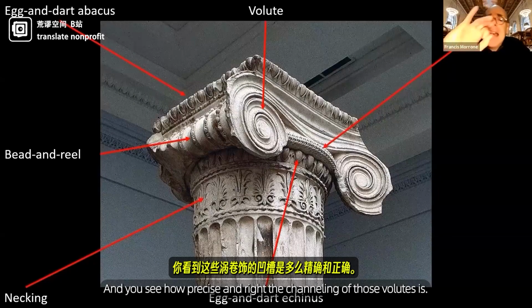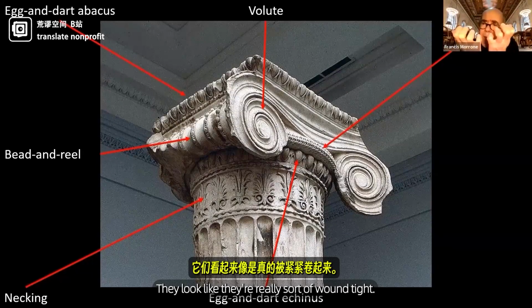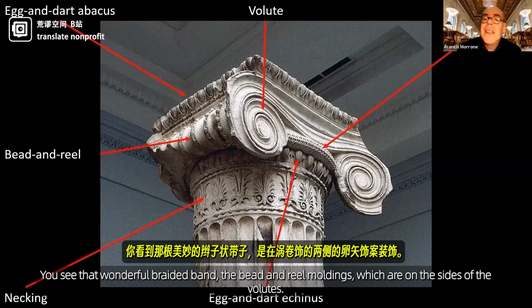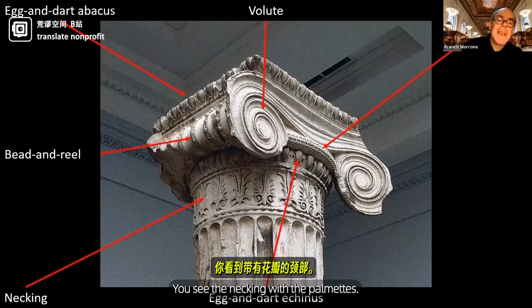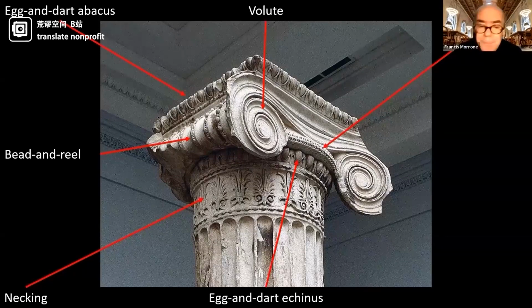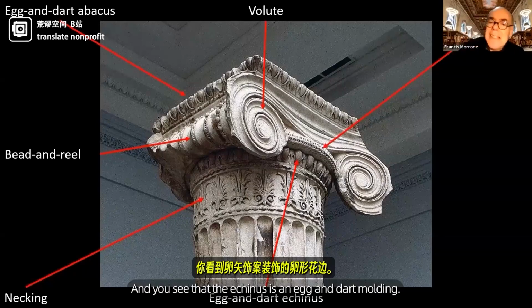And you see how precise and tight the channeling of those volutes is. They look like they're really wound tight. You see that wonderful braided band, the bead and reel moldings, which are on the sides of the volutes. You see the necking with the palmettes, and you see that the echinus is an egg and dart molding.